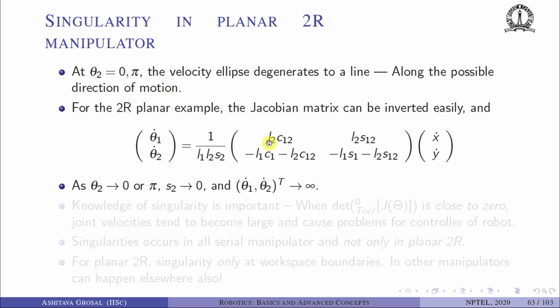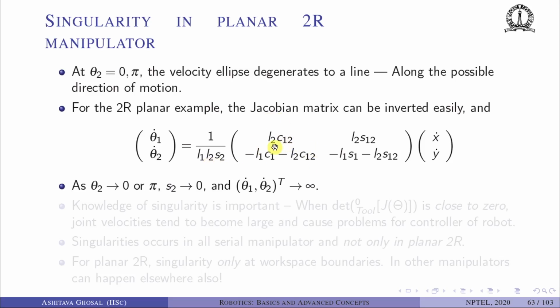For the 2R planar example, the Jacobian matrix can also be inverted easily. It's a simple 2 by 2 matrix. And we can write theta 1 dot, theta 2 dot is 1 over L1 L2 S2, where S2 is sine theta 2, and L1 and L2 are the two link lengths.